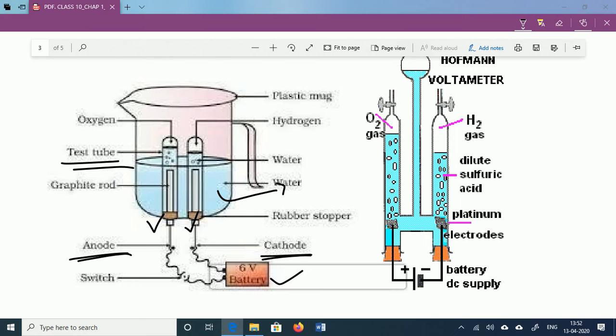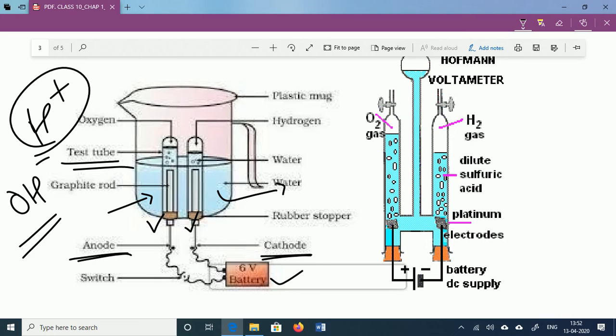So a few drops of H2SO4 are added into the water to induce ionization. Water undergoes ionization, and H plus and OH minus ions are formed, right? Now two ions are produced, H plus and OH minus. Now the anode.